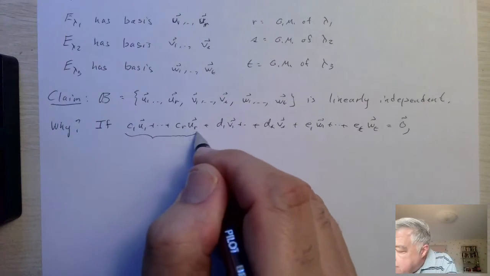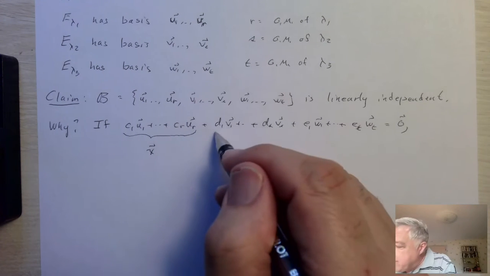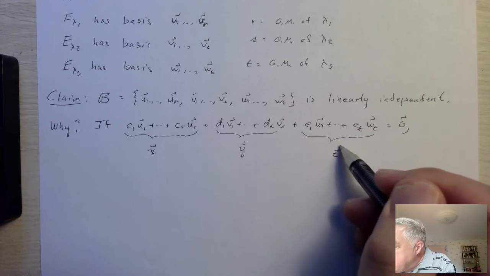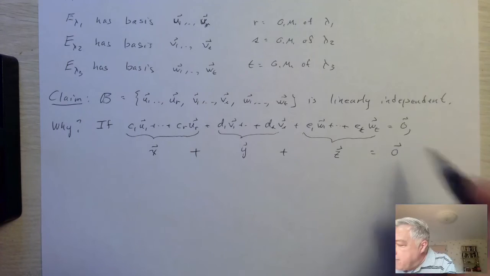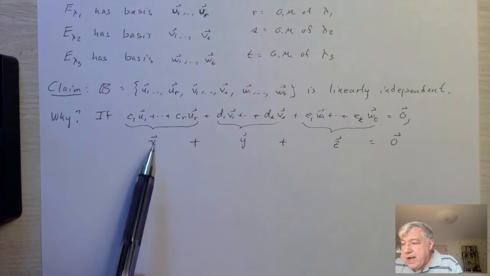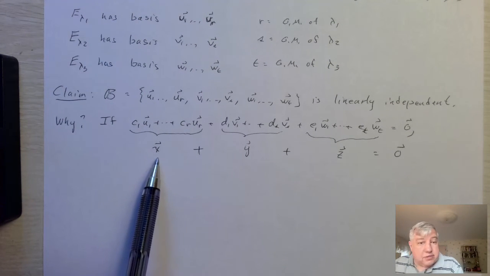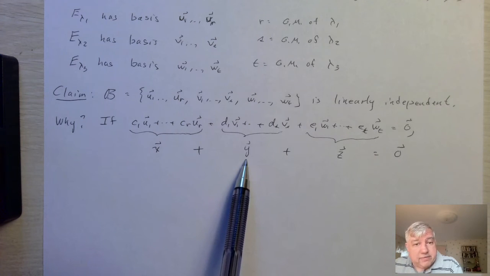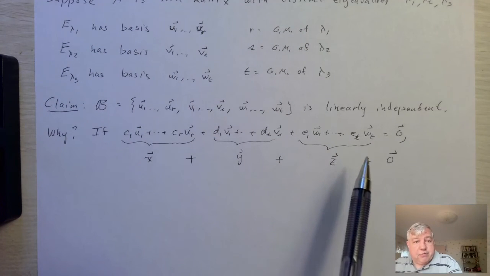If we call the first part sum x, the second sum y, and the third sum z, we get x plus y plus z equals 0. But x is an eigenvector for lambda 1, because it's a linear combination of eigenvectors of lambda 1. Similarly, y is an eigenvector for lambda 2, and z is an eigenvector for lambda 3.